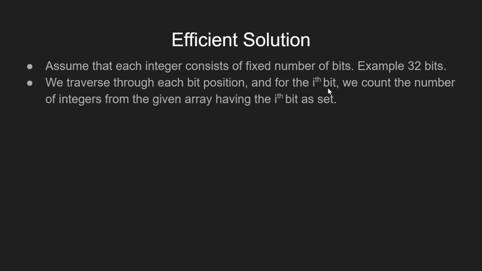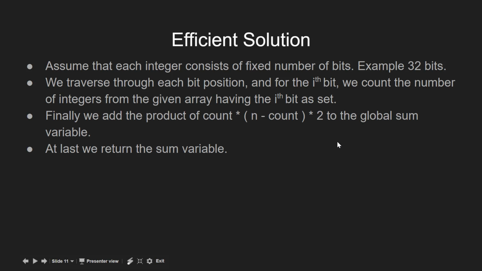Now, if the variable count stores the number of integers having the ith bit as set, then the number of integers having the ith bit as unset would be n minus count, and their product multiplied by 2 would give us all combinations of all possible complementary bit pairs at the ith position. We compute this product for every bit in the 32-bit integer and add it to the global sum variable. At last, we return this sum variable as the answer.